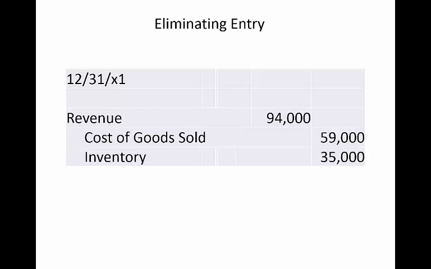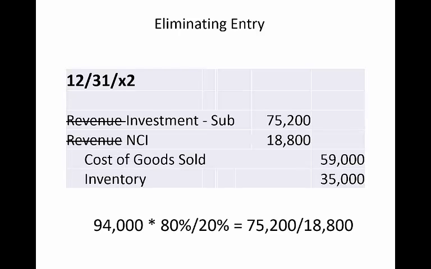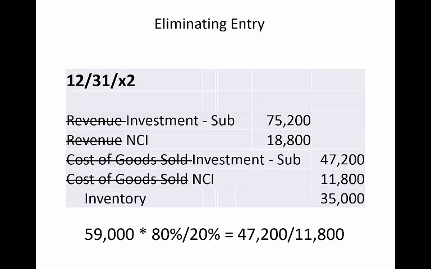So if we start with our X1 entry, we're going to have to modify it to incorporate the revenues to investment sub at 80% and NCI at 20%. We'll do the same thing for the cost of goods sold.